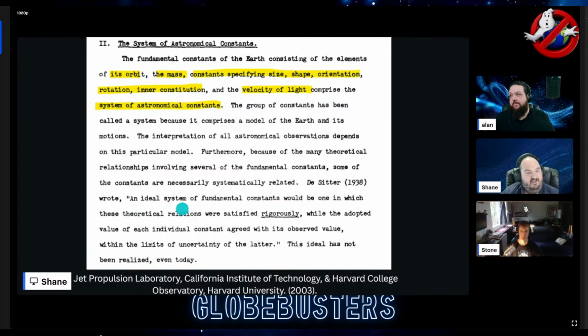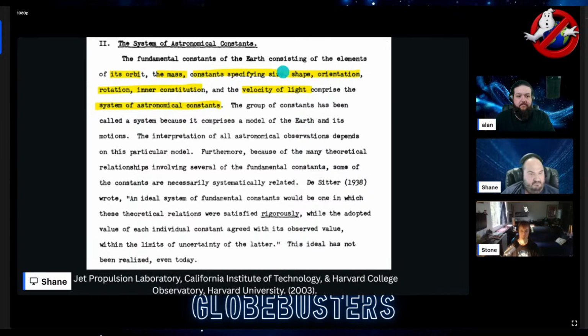He says, an ideal system of constants would be one in which these theoretical relations were satisfied rigorously, while the adopted value of each individual constant agreed with its observed value within the limits of uncertainty of the latter. And then most crucially, this ideal has not been realized even today.